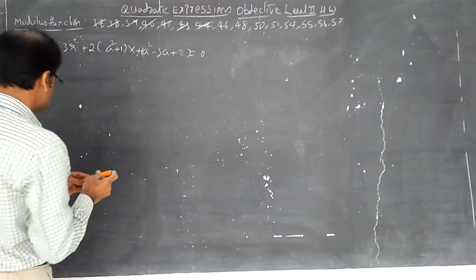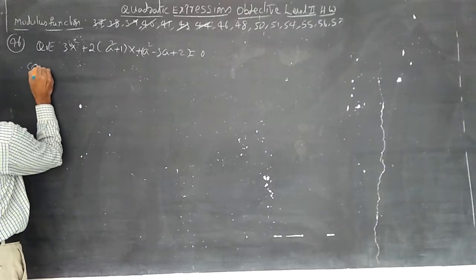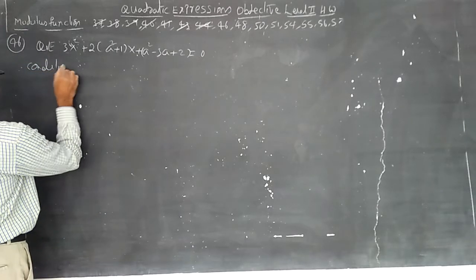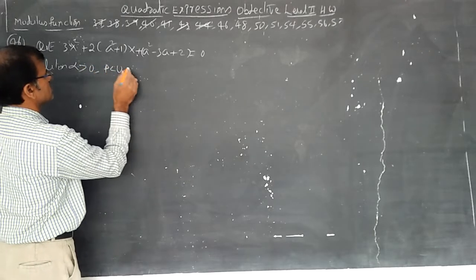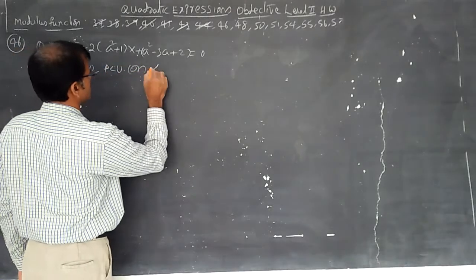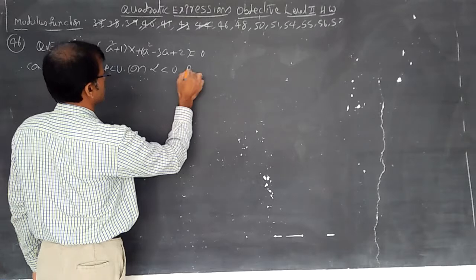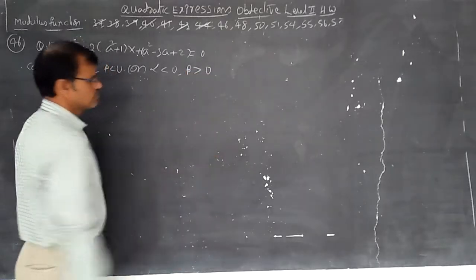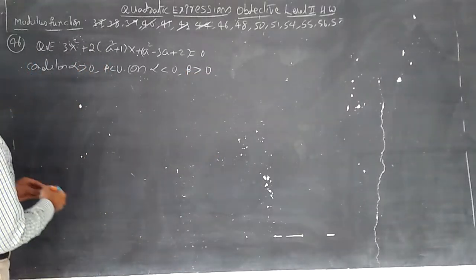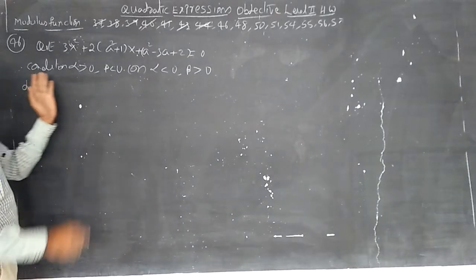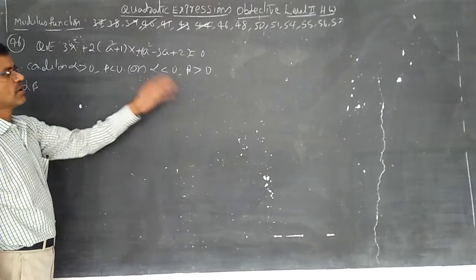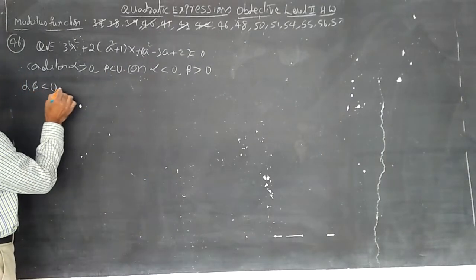Whenever roots are of opposite sign, the condition I am writing: alpha greater than 0, comma beta less than 0, or alpha less than 0, comma beta greater than 0. So the product of roots, alpha beta, when it is positive to negative or negative to positive, becomes negative.